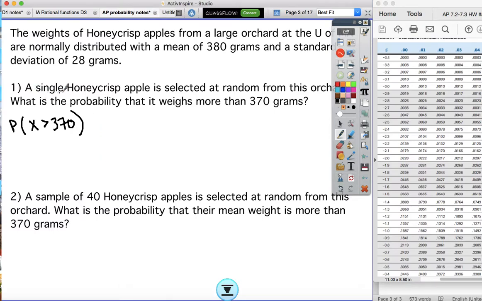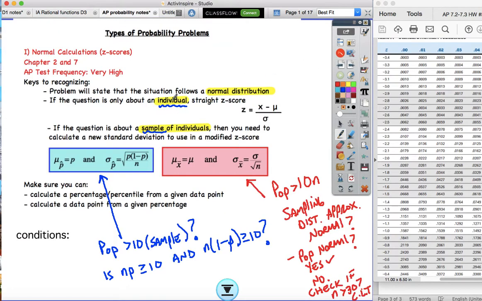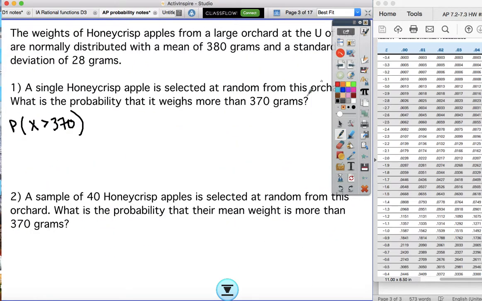Now this is a single Honeycrisp. So back to my first page, if it's an individual, it's just a straight up z-score, nothing to worry about. So I need to do my z-score work somewhere off to the side. So 370 is the value and 380 is the mean, and then the standard deviation is 28.